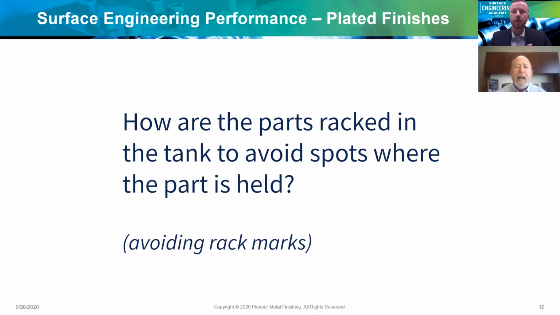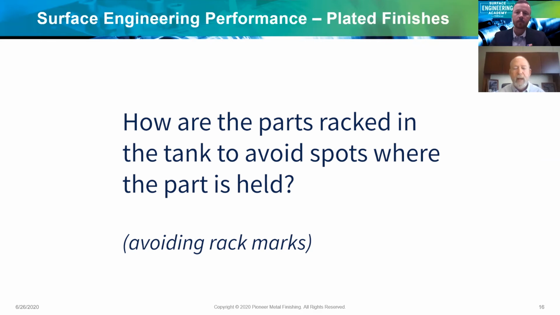Well, many times if the rack mark is of concern, we can do things from an engineering standpoint. Maybe a hole can be put in a part if it's a heavy part to bolt it on. One of the big advantages for Electroless Nickel, again, is that because we don't need that tight contact like with anodizing, you can have the part moving on the rack and have almost invisible rack marks.